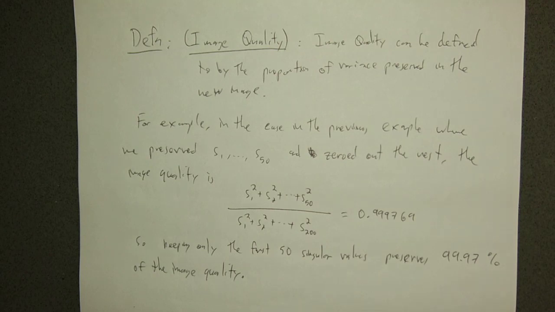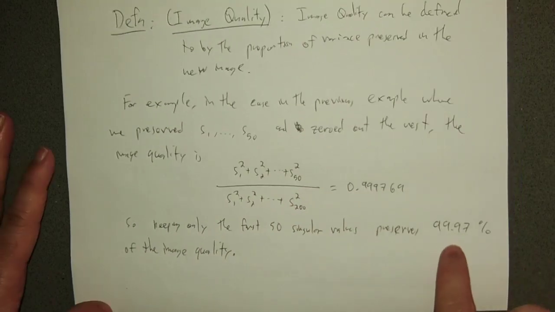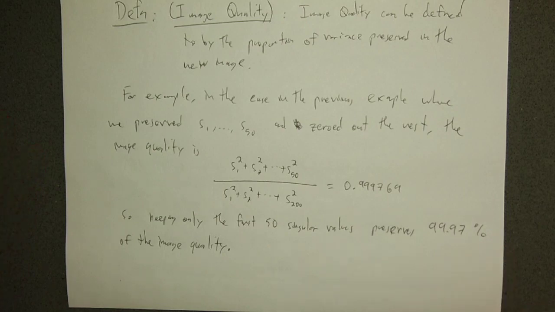But what does that mean? Well, what's nice about that is we've tossed out all but 50 of the singular values, and we've kept 99.97% of the goodness of the image, right? So that is a pretty big data saving that we've done, right?